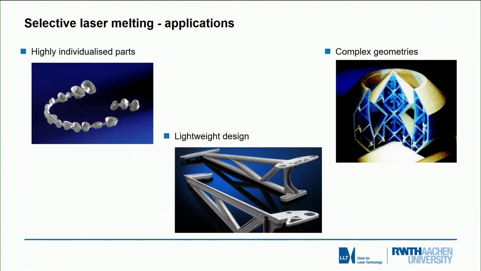Some applications. I showed you this fantasy part already for demonstration of the possible complexity. If you get serious about that, of course, then you can design components. This is an actual automotive component. It's a suspension connecting rod.